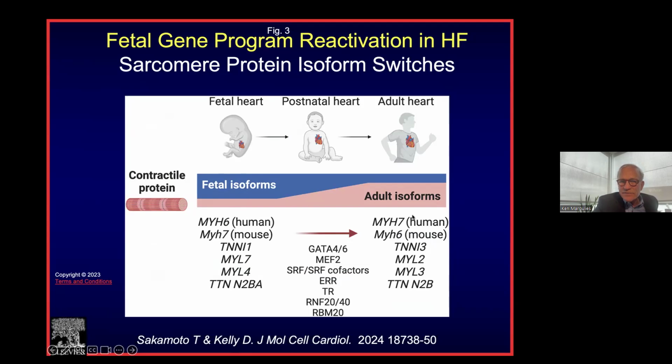And many of those change when we're adults. And so the isoforms that are prominent in the rapid growth of fetal development undergo transitions under these modulators in the postnatal state to produce different ones. And some of these actually get reactivated to the fetal forms in the setting of pathologic stress, like isoform switches of myosin.